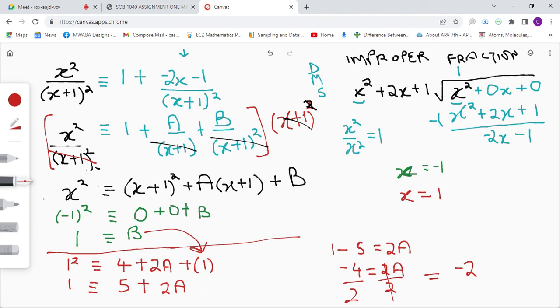So a equals -2. We can now rewrite our fraction. Let me just find some space where to rewrite it.